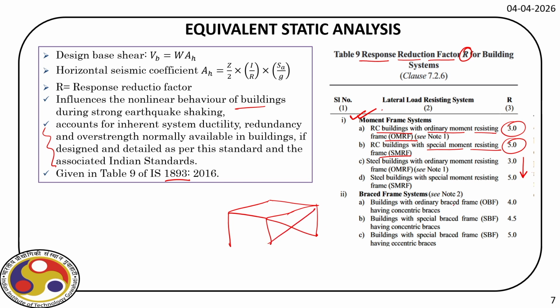But for braced frame buildings also we have different options for response reduction. Now for our case we have the moment frame system, so we will go for this value of response reduction. The moment we fix capital R, we have all the parameters in this equation and we can find out the seismic coefficient capital Ah, and then we can find the base shear.